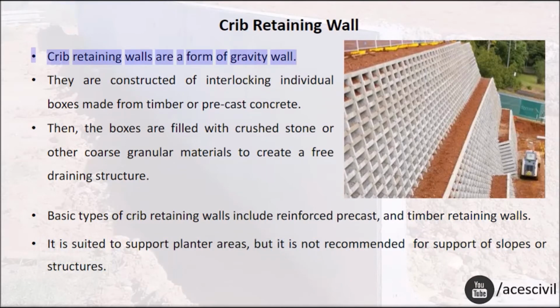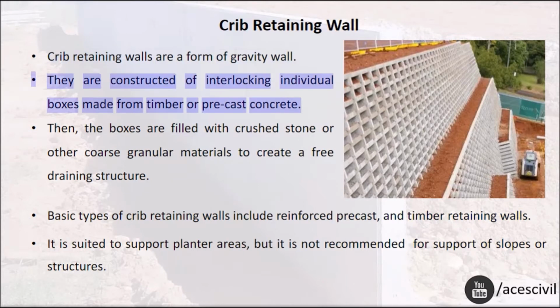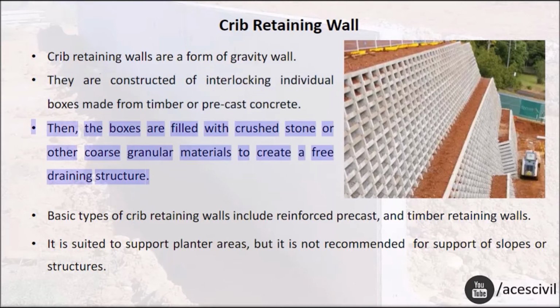Crib retaining walls are a form of gravity wall. They are constructed of interlocking individual boxes made from timber or precast concrete. Then, the boxes are filled with crushed stone or other coarse granular materials to create a free draining structure.